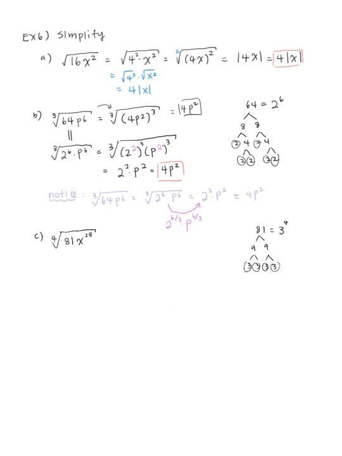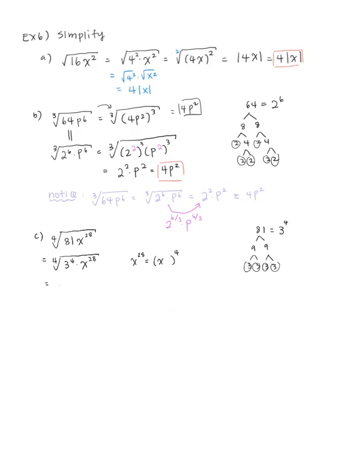Let me just rewrite it. This is the same thing as the fourth root of 3 to the 4th times x to the 28. Of course, you can write x to the 28 as x to the what power, to the 4th power, which gives us 28. You could totally do that. That's fine. But if you do it my way, this is what's going to happen.